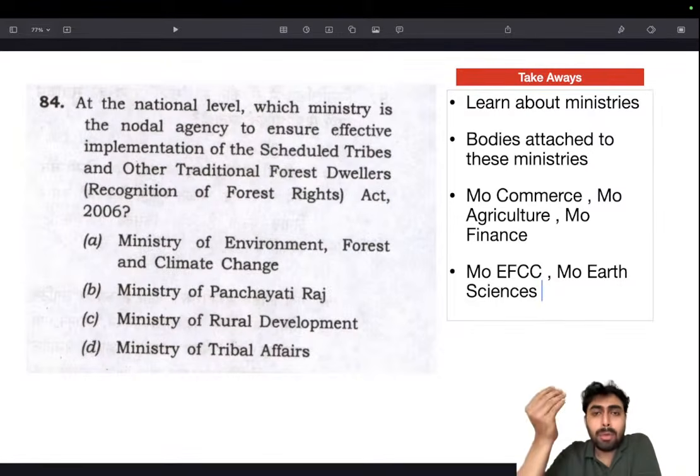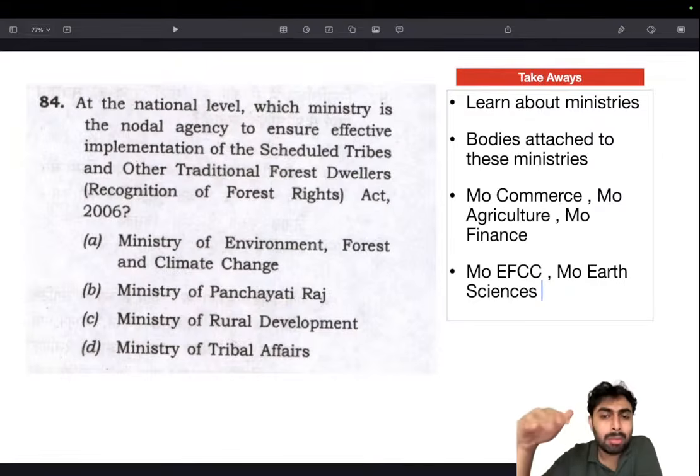And if you come across any body, for example ISRO or SEBI, or I think NAFED, TRIFED, things like that, just immediately search which ministry this body comes under and have an idea about that. Just lock it in your brain. It really helps, because having an idea about ministries can help you solve a lot of questions, and I think UPSC is slowly moving into that trend also.